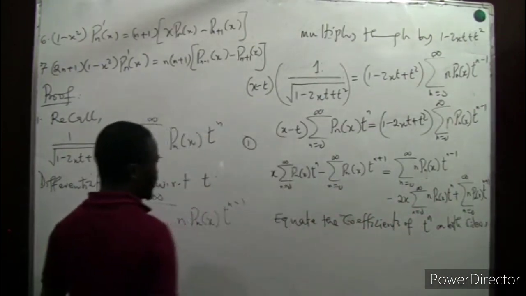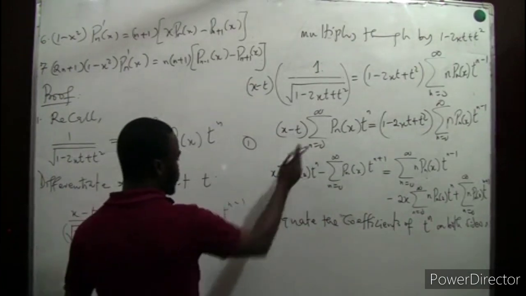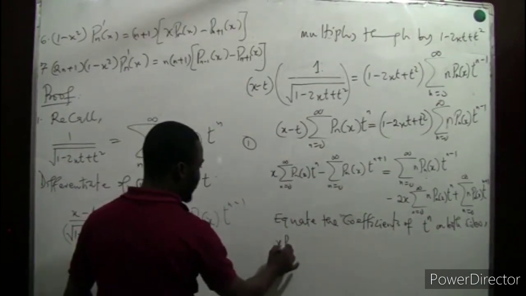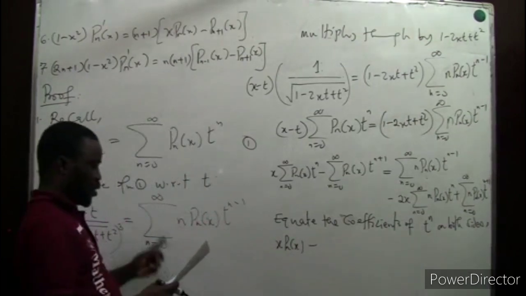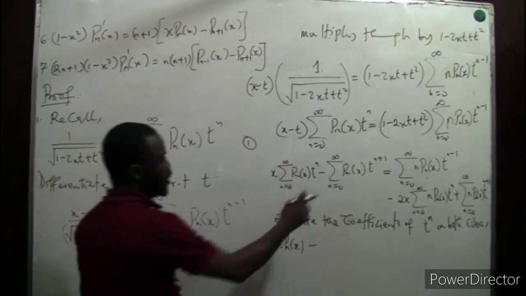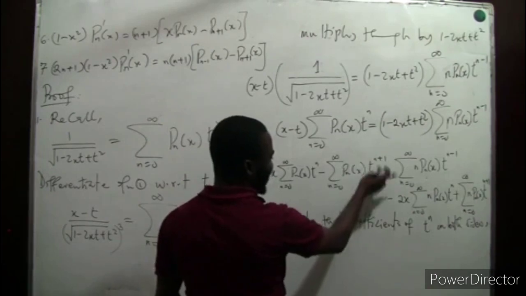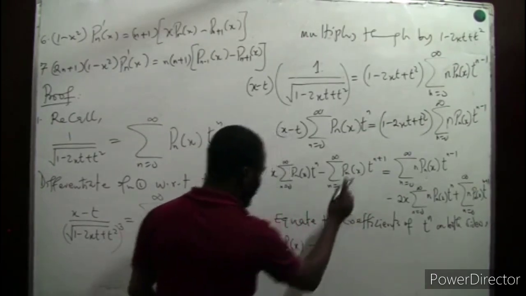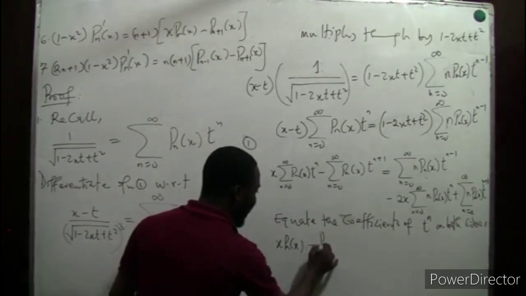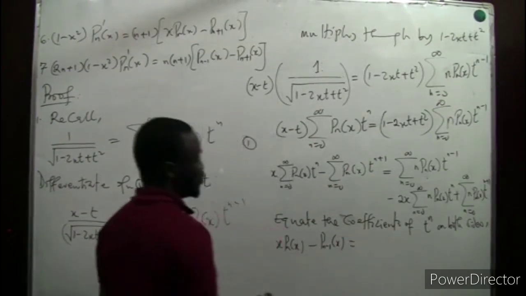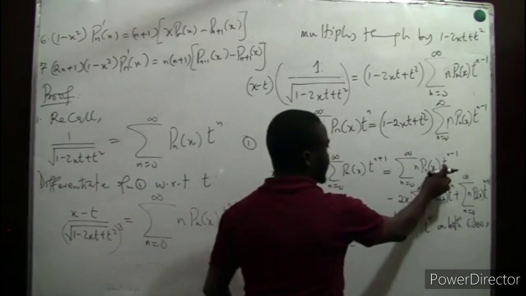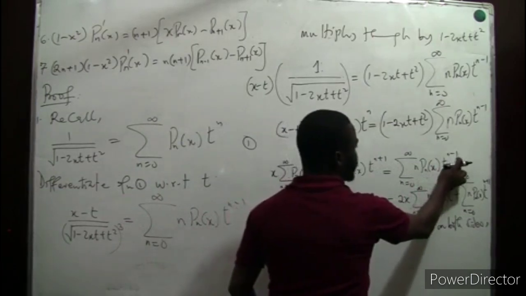At this side, the coefficient of t raised to power n is xPn of x minus, now the coefficient of t to the n is just the term just before this. That means the coefficient here will be Pn minus 1 of x, equals, we have t raised to power n minus 1.